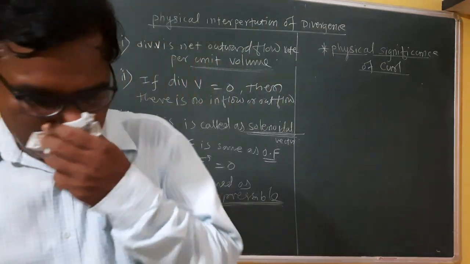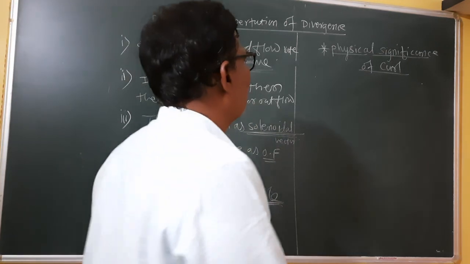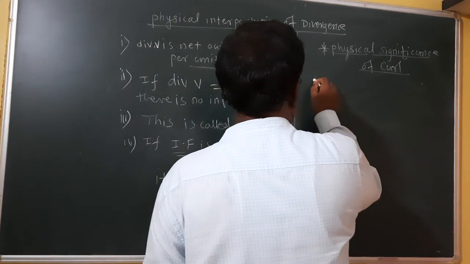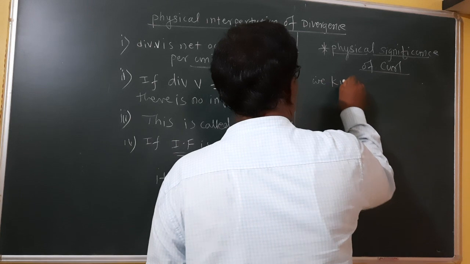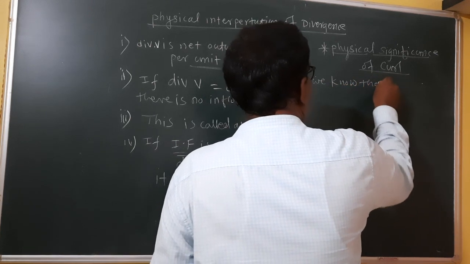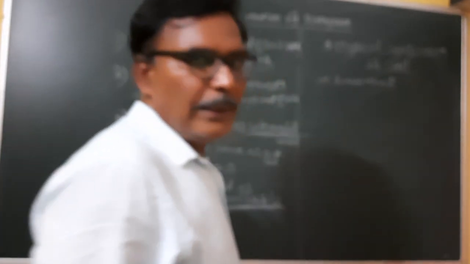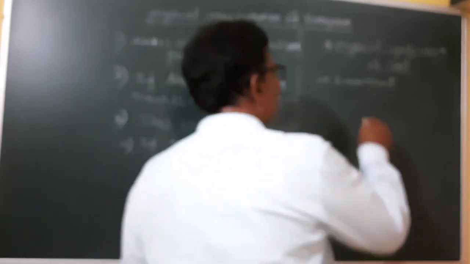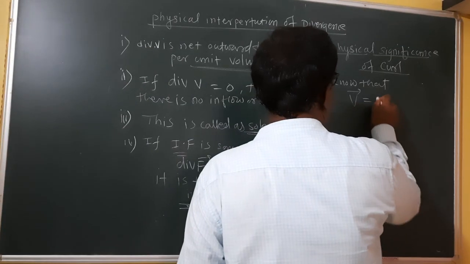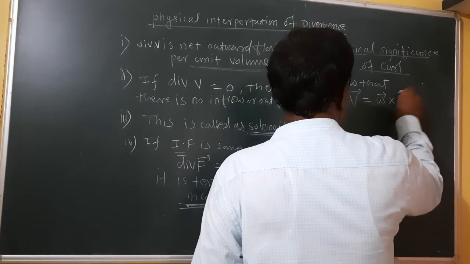Now we know the relation between linear velocity and angular velocity, that is the vector formula V bar equals omega bar cross R bar.